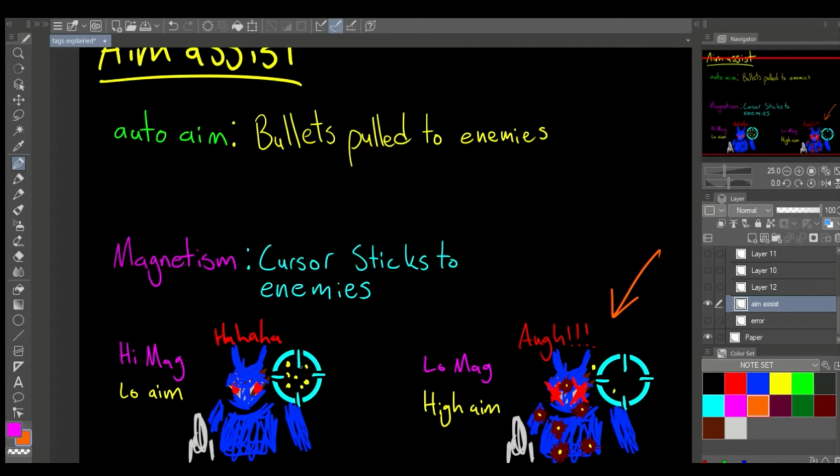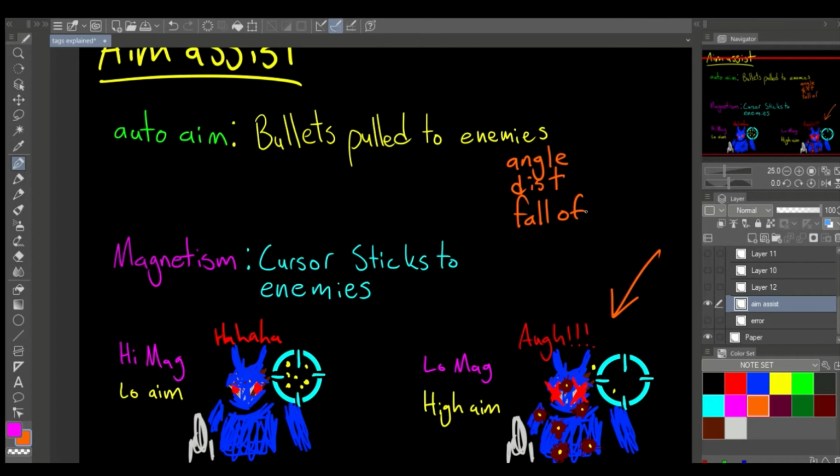Magnetism isn't like it doesn't do anything, it's just that auto aim is the one that's actually pulling bullets to the target, even if you're not aiming directly at them. And each of these have angles, distance, and fall off distance.